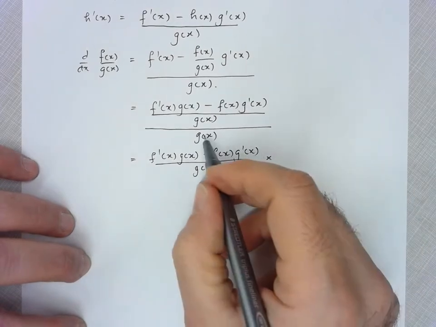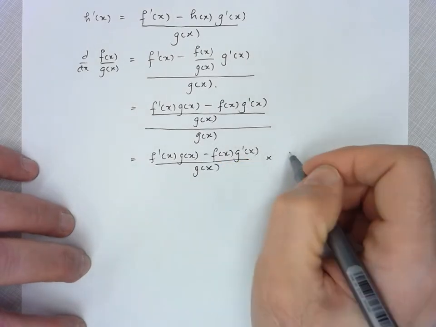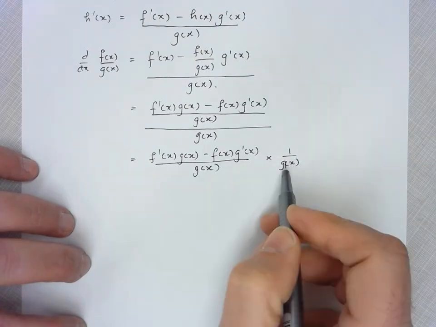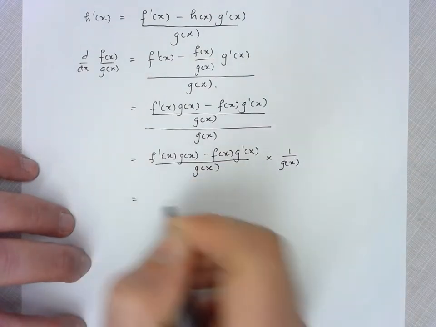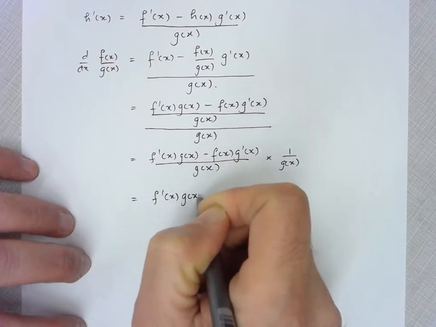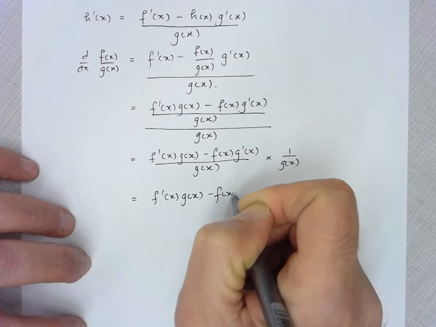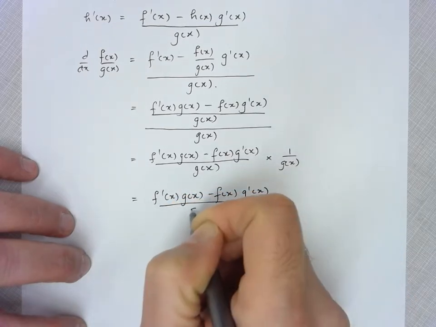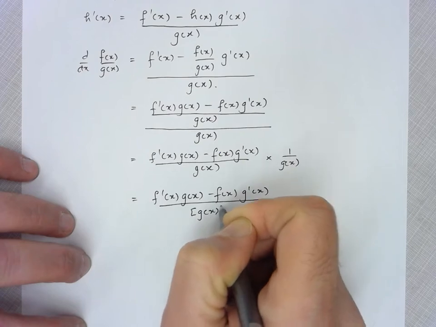So this is like multiplying by 1 over g of x, and we see that these two just multiply. So what I'm left with in the end is f prime of x, g of x, minus f at x, g prime at x, all over g of x squared.